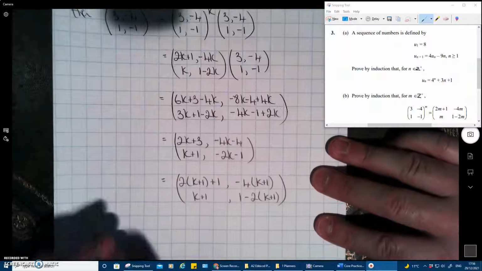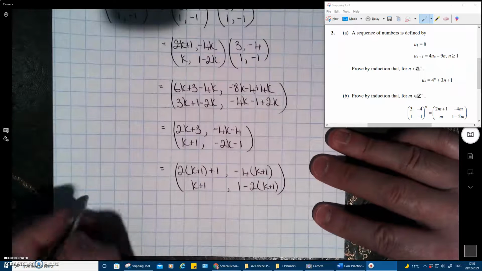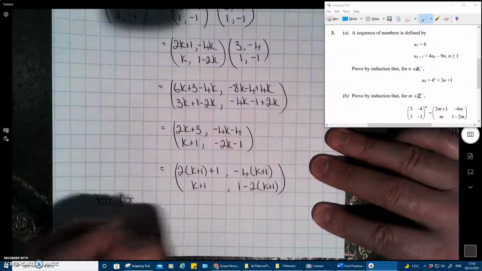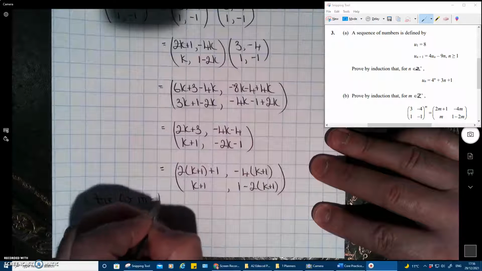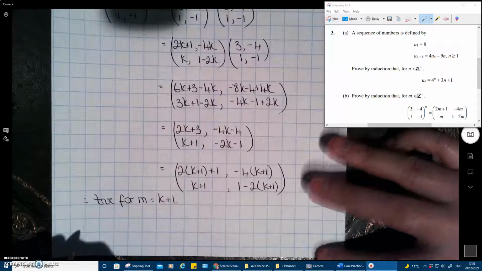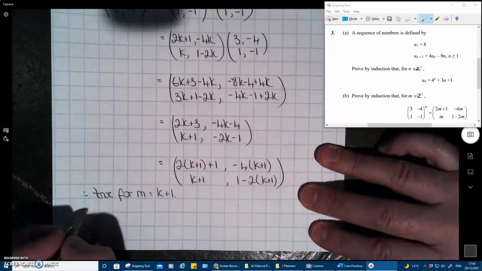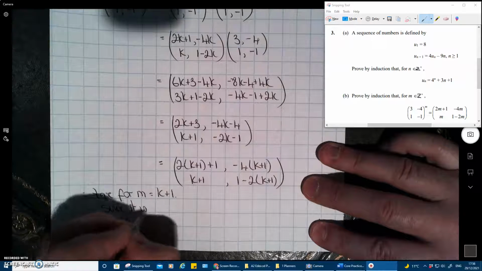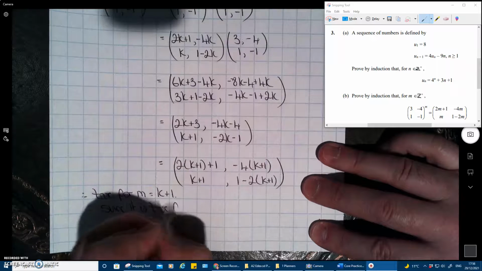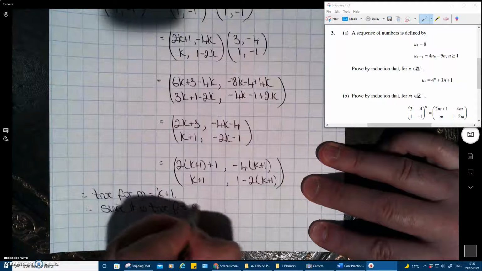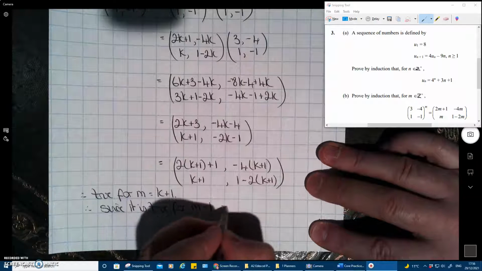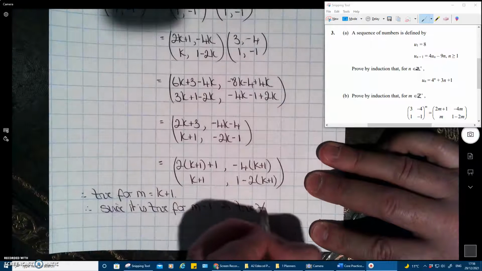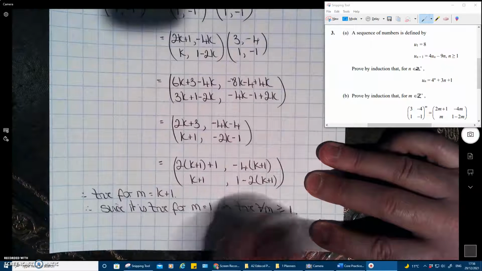So that's the same. So therefore we can conclude, therefore true for m equals k plus 1. So therefore, since it is true for m equals 1, that implies it's true for all m greater than or equal to 1.